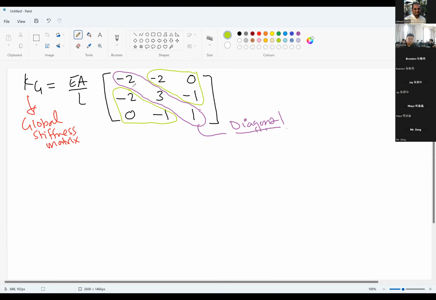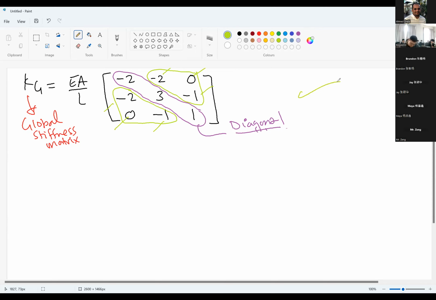So if this is our diagonal, the bottom part is symmetric with the top part. So if this 0, this 0. This -1, this -1. This -1, this -1. So when we construct the global matrix, you can benefit from this: we need to calculate the diagonal and the top part or the bottom part because it is symmetric.